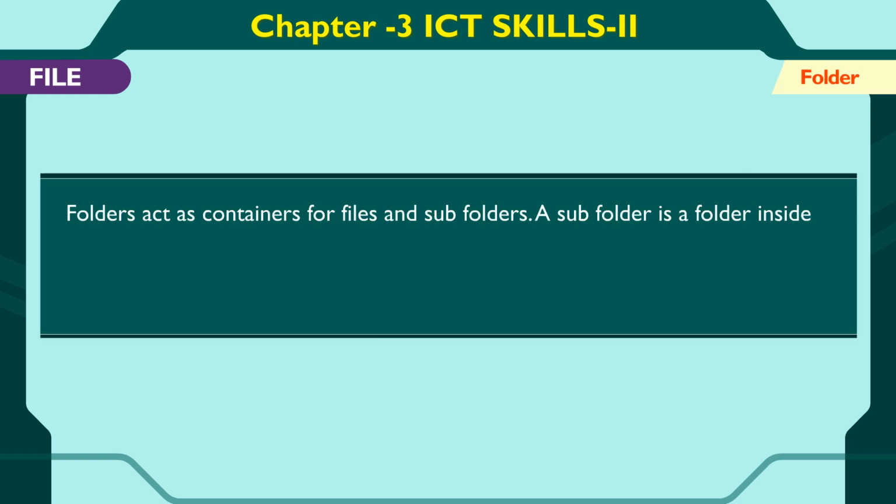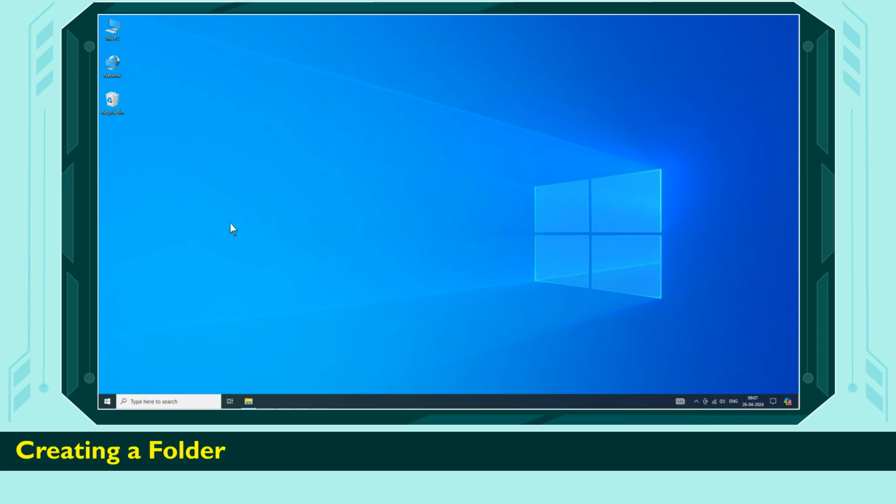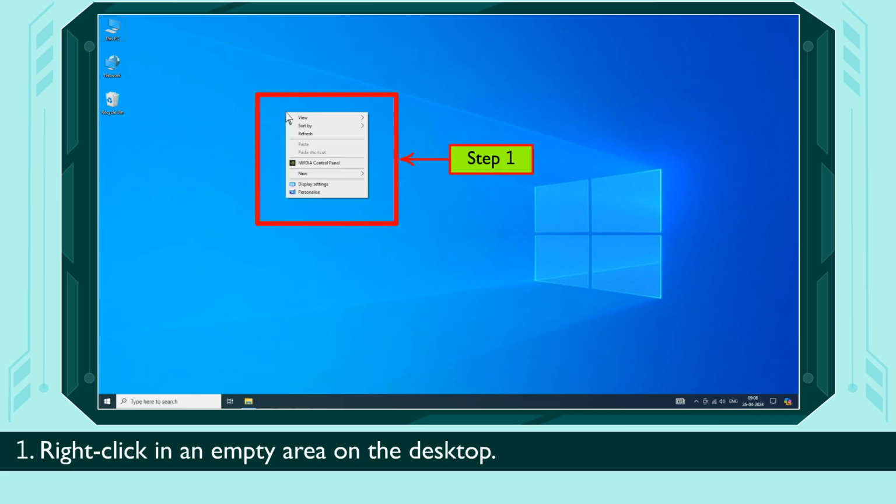Folder. Folders act as containers for files and subfolders. A subfolder is a folder inside another folder. Folders help to group related files and folders in one place. Creating a folder. Follow the given steps to create a folder. 1. Right-click in an empty area on the desktop. 2.